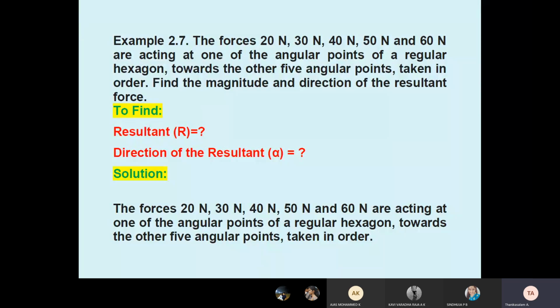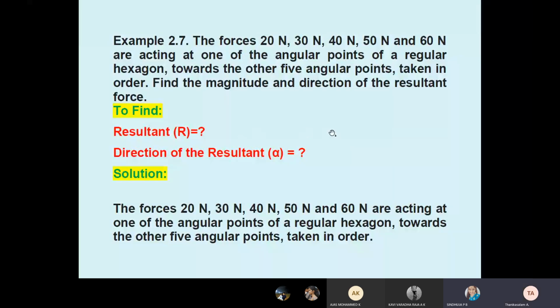We know this from engineering graphics you studied: a hexagon has 6 sides. These forces are acting at one of the angular points of a regular hexagon towards the other 5 angular points taken in order. Find the magnitude and direction of the resultant force.